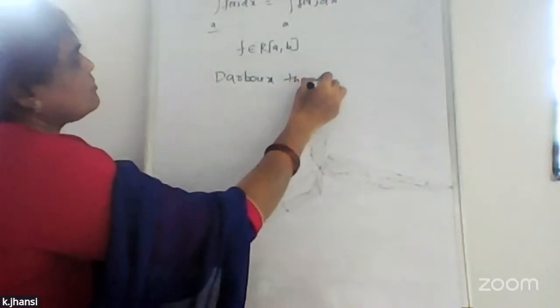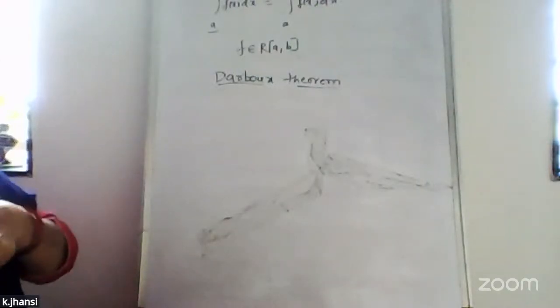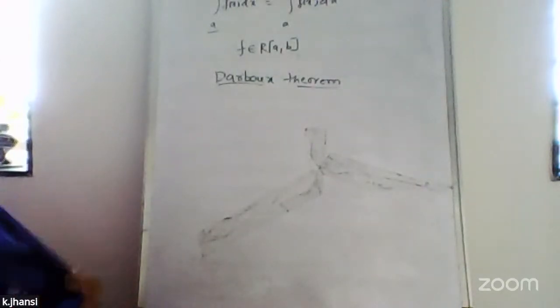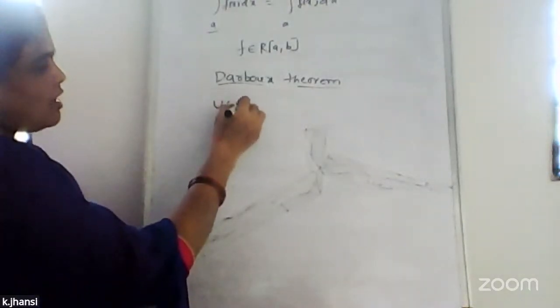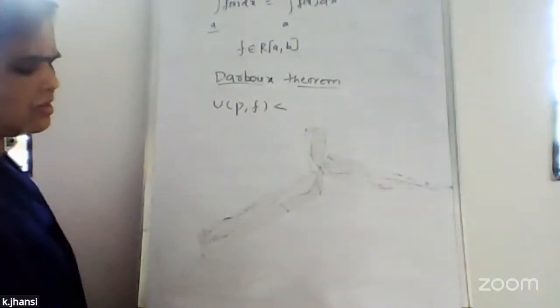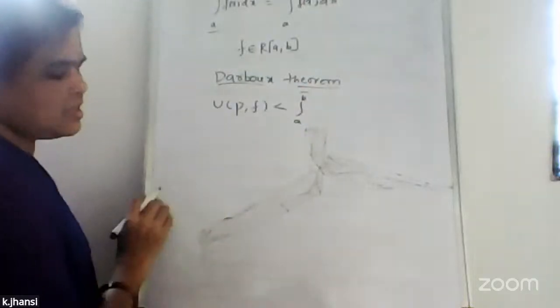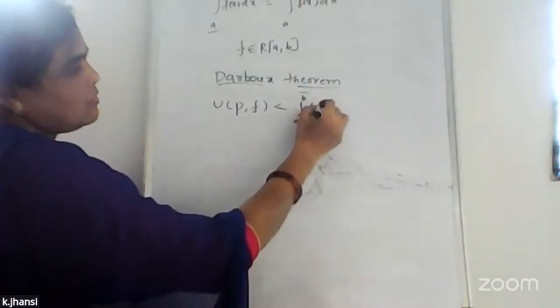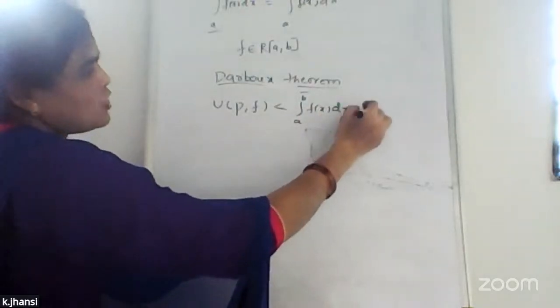Darboux theorem. I am writing the symbols for how to represent the definition of the Darboux theorem: U of P comma f is less than the upper Darboux sum, the integral of f of x dx, plus epsilon.